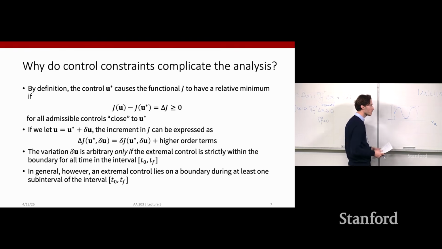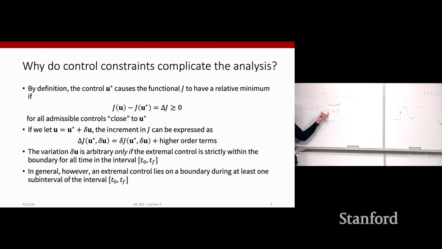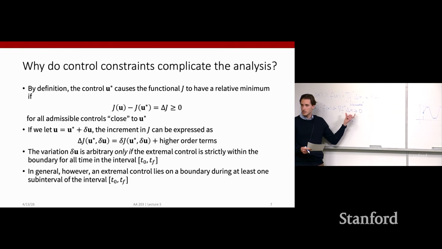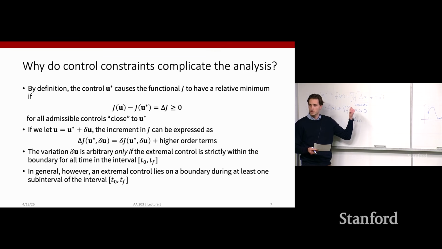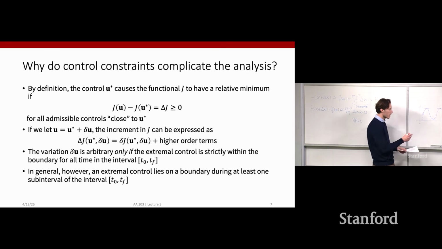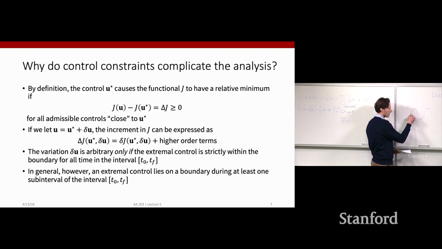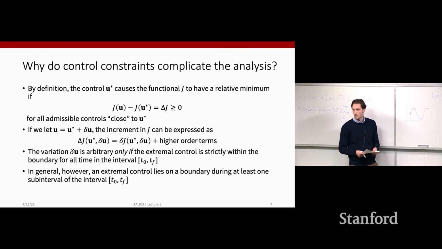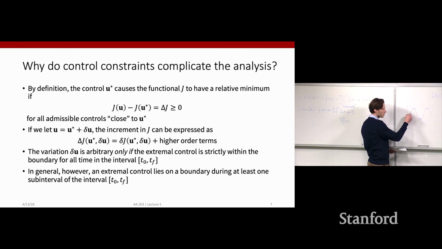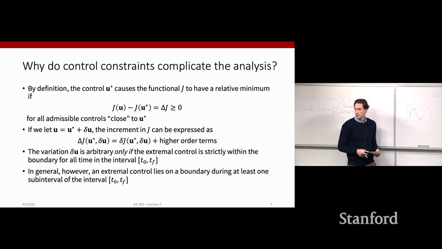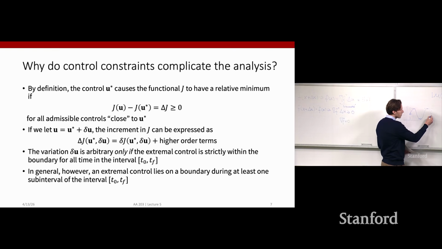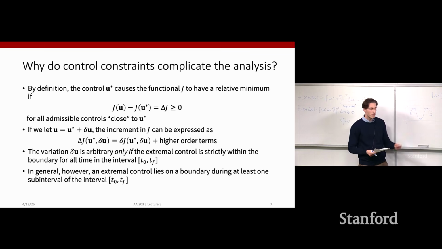Remember that here we're defining minimums as: whatever admissible movement delta x I take, I'm increasing the value of my function. In this case, the only displacements I can take are in the positive direction, to the right. And so for all of these displacements, the value of my function is greater. So this is indeed a local minimum. Same thing for this other point here, mirrored, where the only displacements I can take are in the negative direction.